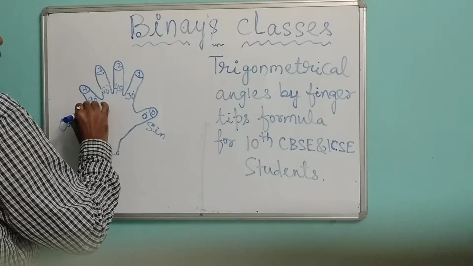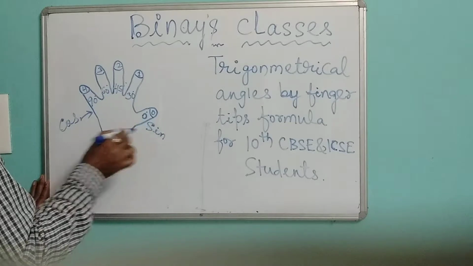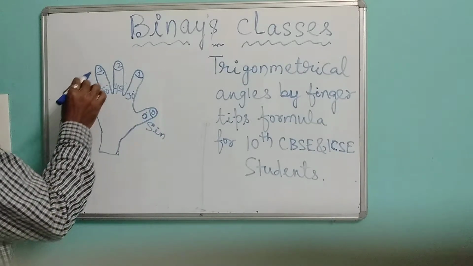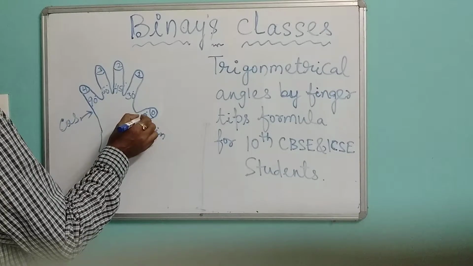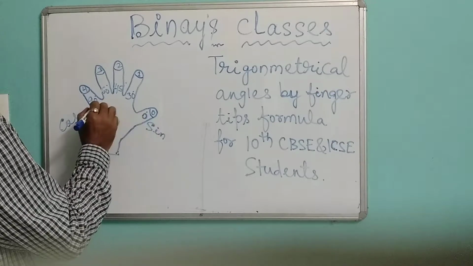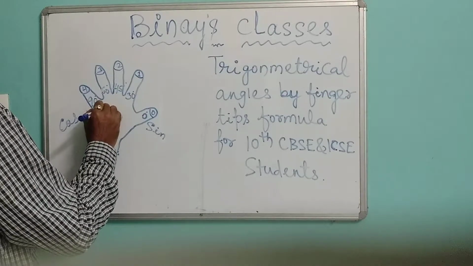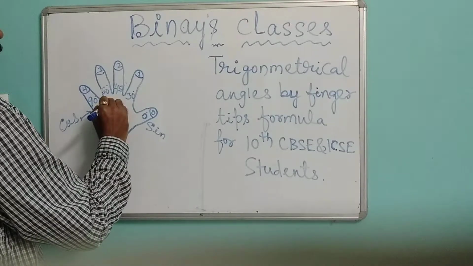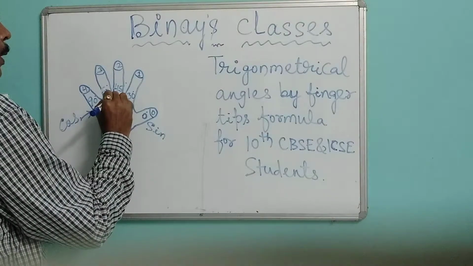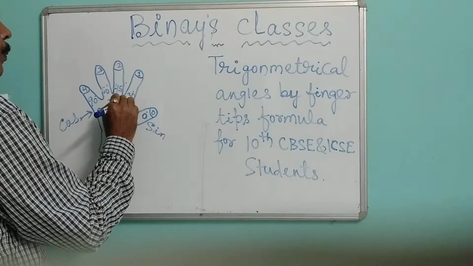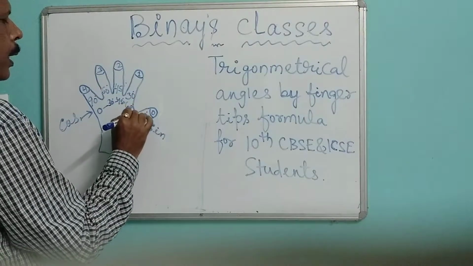But remember one thing here, the finger number will never get changed. That means the finger number will remain unchanged, but for cos the angle will start with 0 from here. Then this one is 30, 45, 60 and 90.